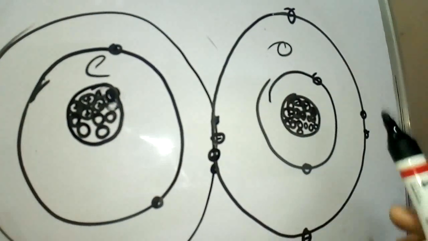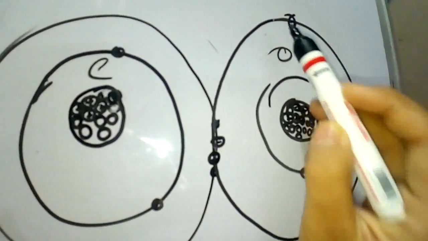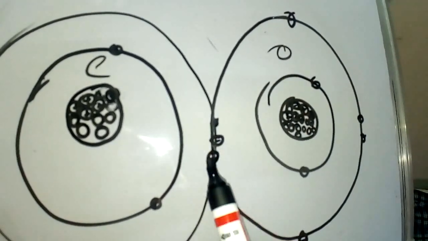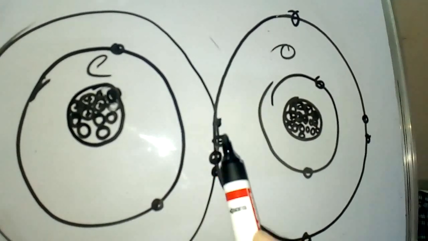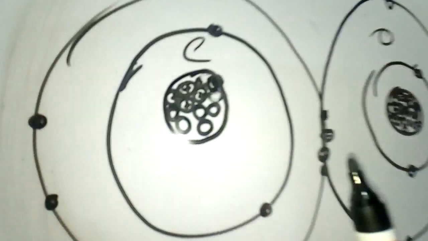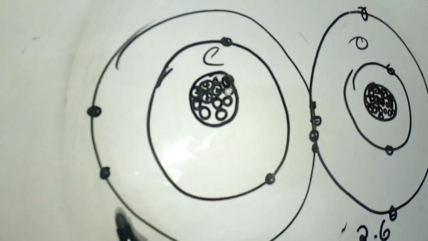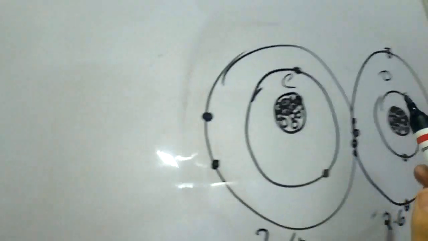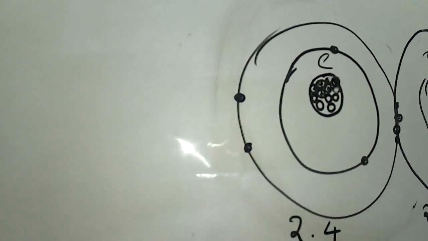If we count 1 2 3 4 5 6, and these two are common for both atoms, so 7, 8. But in carbon, if we see how many there are, 1 2 3 4 5 6, so 2 more are needed. So one more atom of oxygen will come and combine with carbon.